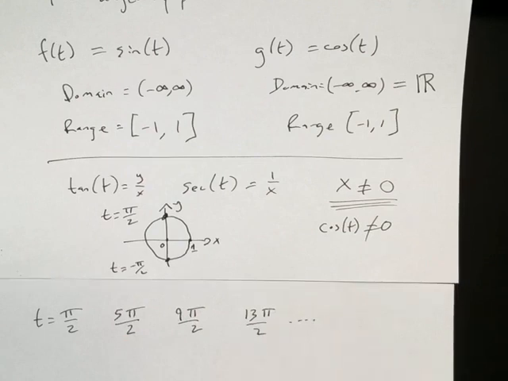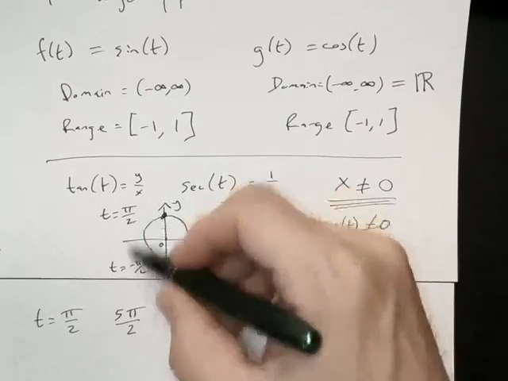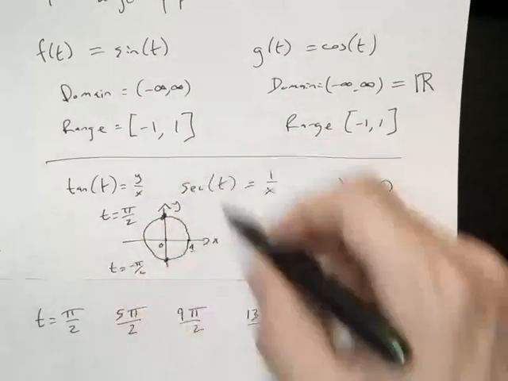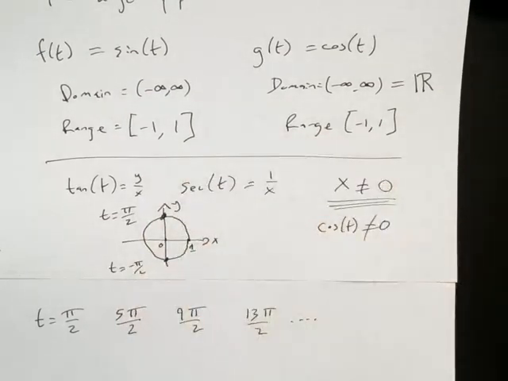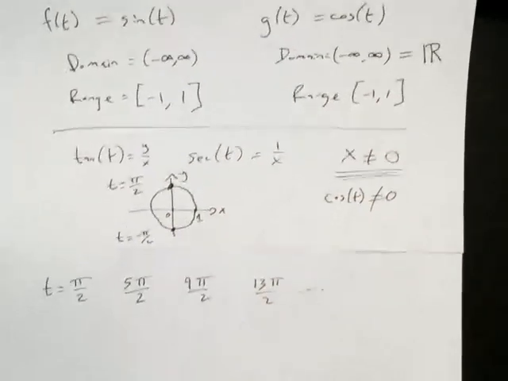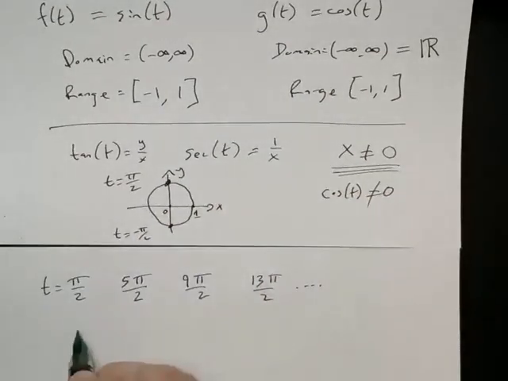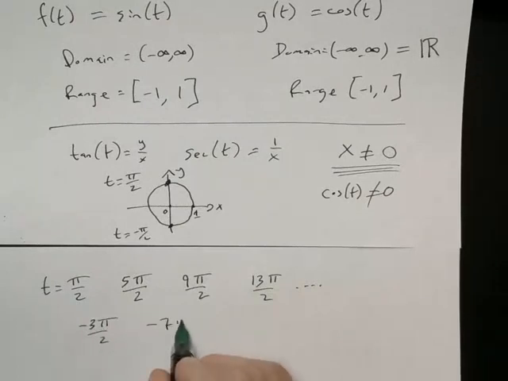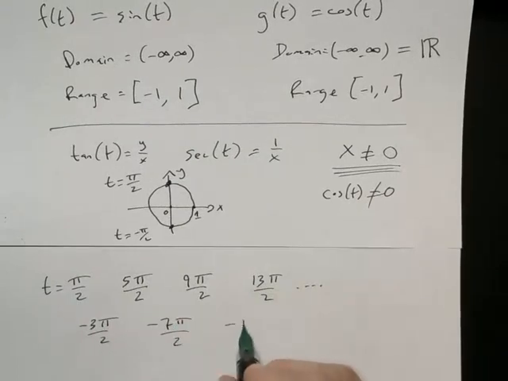But I could also subtract. Instead of going counterclockwise, I could go clockwise. I could go around the circle the other way. So if I subtract 2 pi's, I could get minus 3 pi over 2, or minus 7 pi over 2, or minus 11 pi over 2.